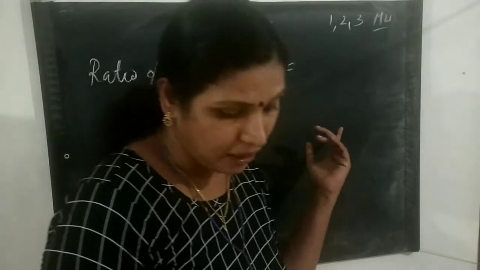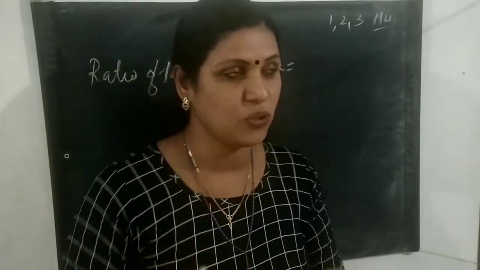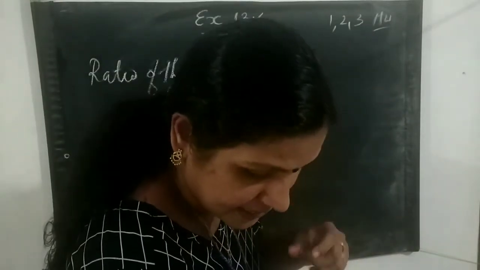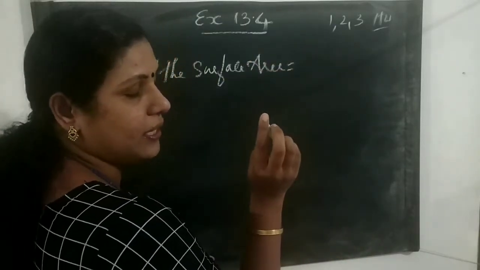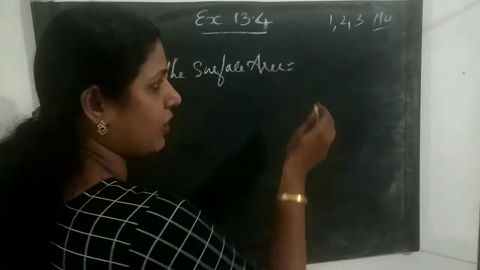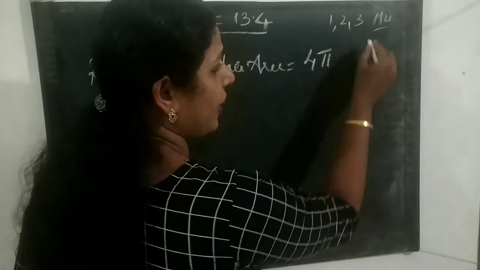It is a spherical balloon, and its radius is increasing from 7 centimeters to 14 centimeters. So the TSA of a sphere is 4 pi r square.